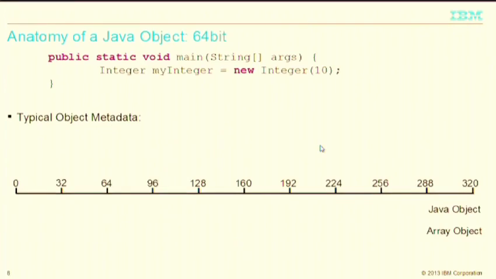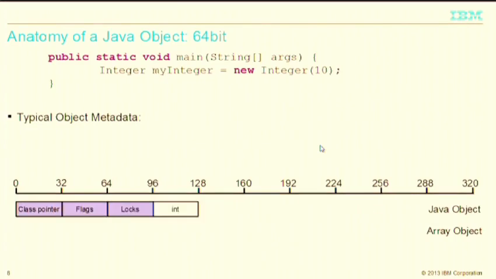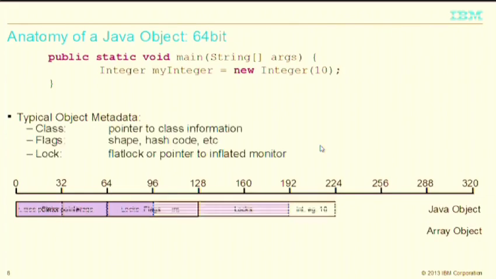Now, if you move to 64-bit, you have words of data which are 64 bits wide rather than 32-bit. So what we had previously was 96 bits of overhead and then your data. On 64-bit, all of those double in size.